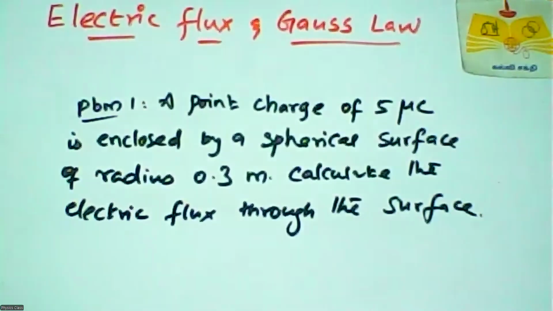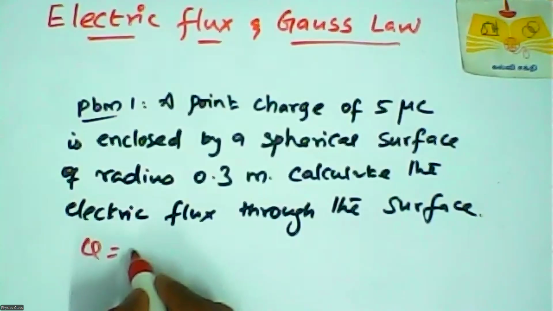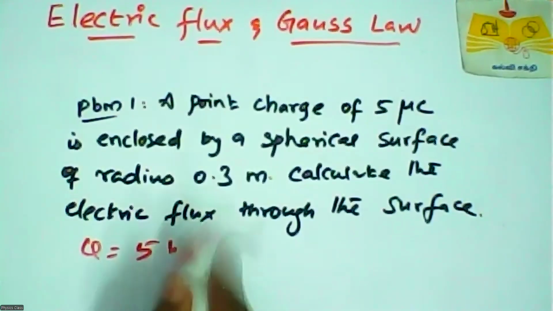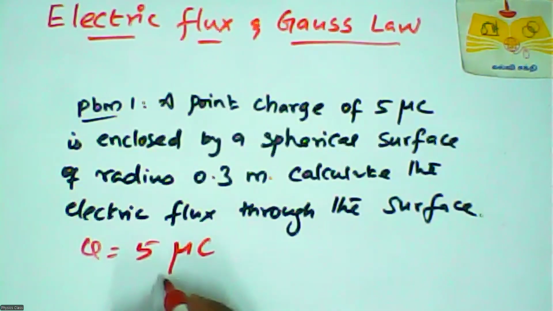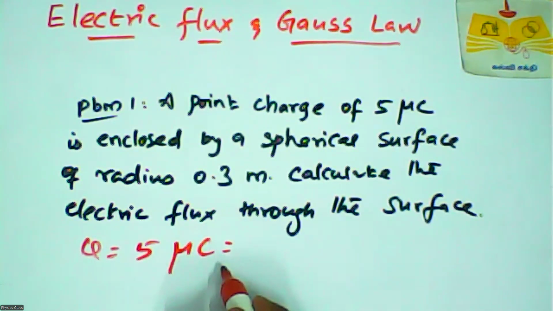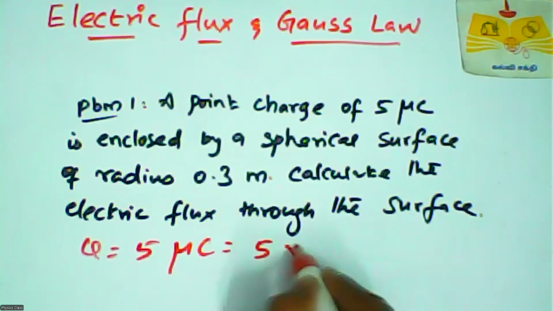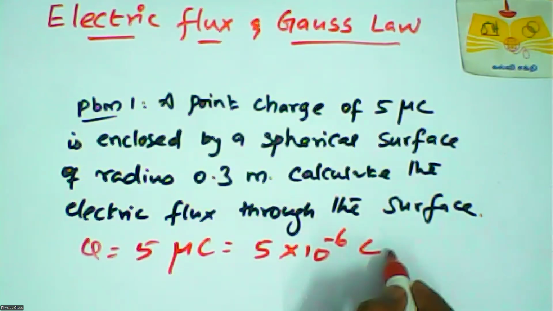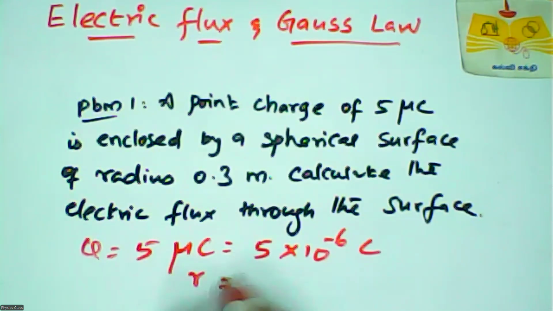So here Q is 5 microcoulomb. Micro means 10 power minus 6, so 5 into 10 power minus 6 coulomb, and radius 0.3 meter.